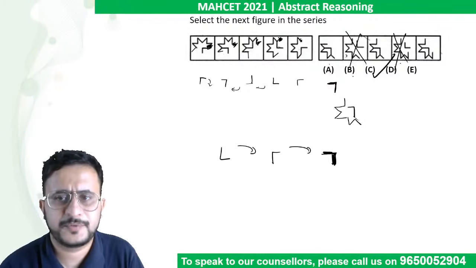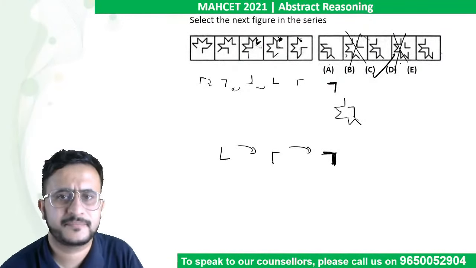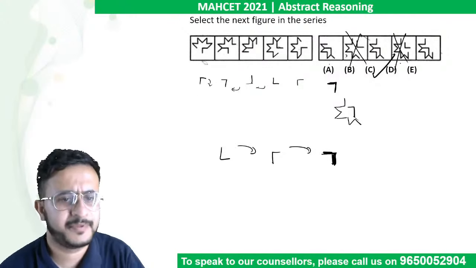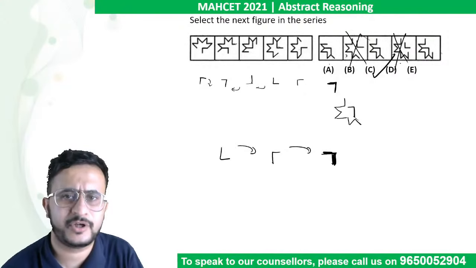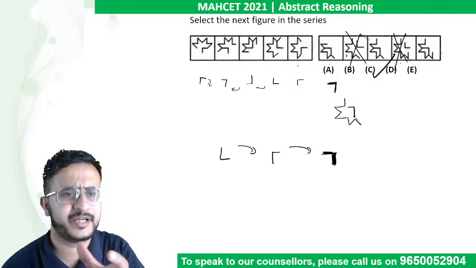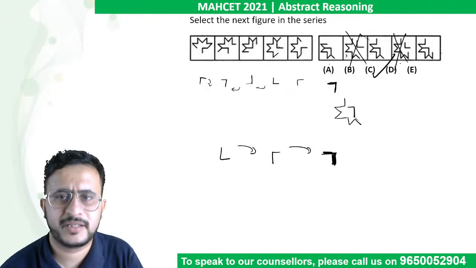Now we are left with three options and we see the star shape. See the star shape carefully. What is happening to the star shape? On the right hand side, we are removing one hand and adding one this side. That is basically rotating. So one removed, one added, one removed, and then one added. So this one addition will be here and this will be removed.